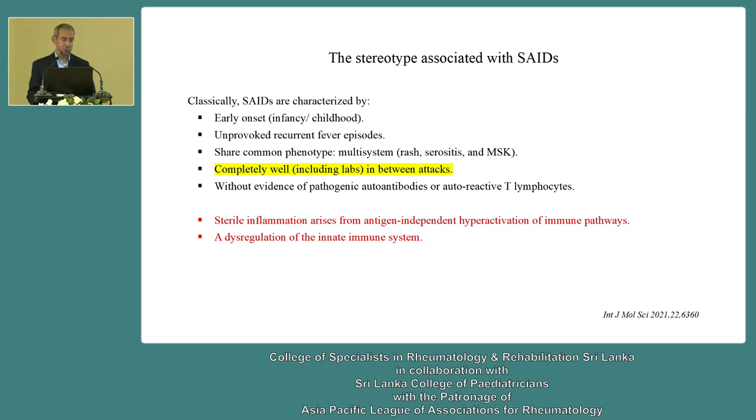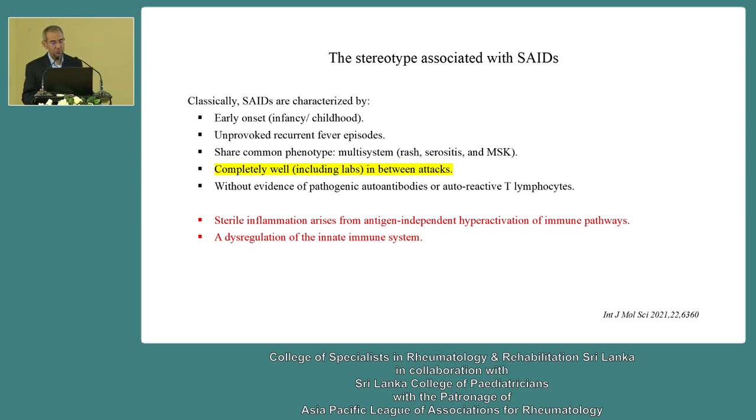They present with unprovoked recurrent fever episodes, share common phenotypes, multisystem rash, sinusitis, arthritis, and importantly, are completely well, including lab results, in between attacks. So you have to take a good history. If you can see the lab results from other hospitals, it will help you to consider this diagnosis.